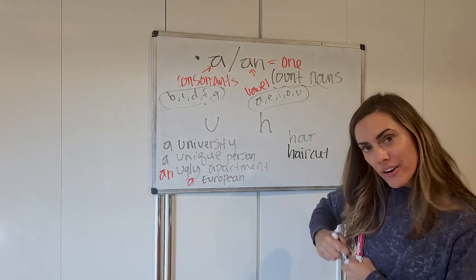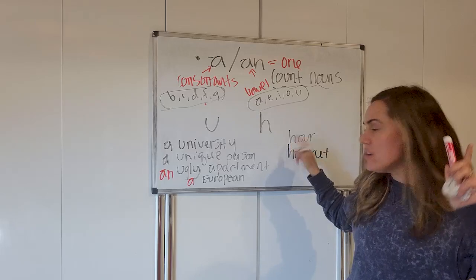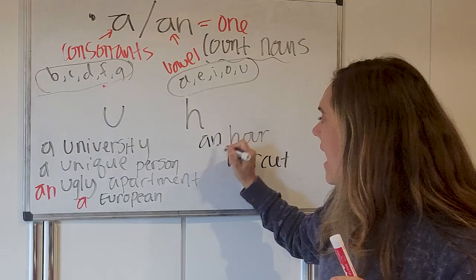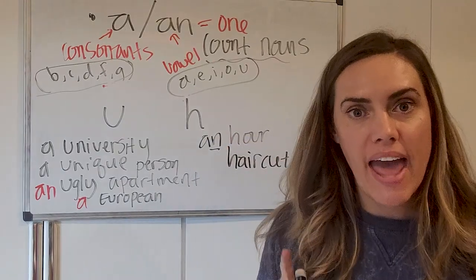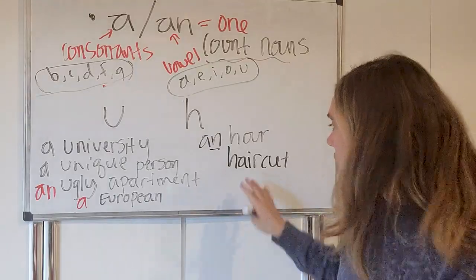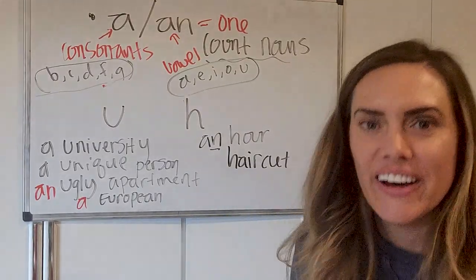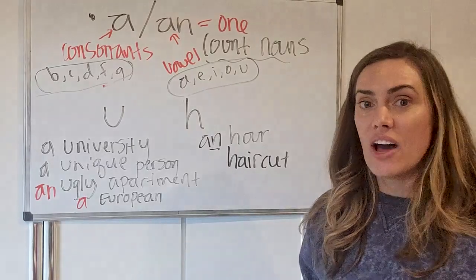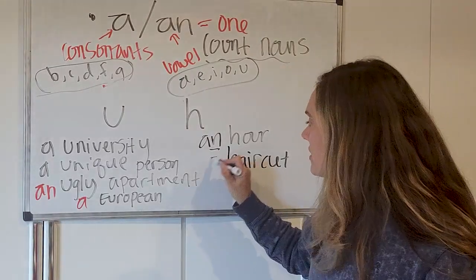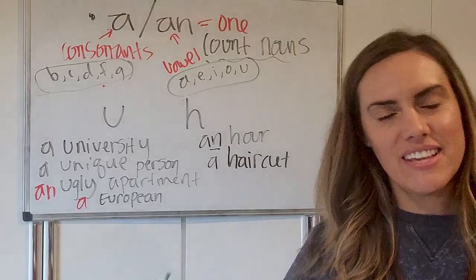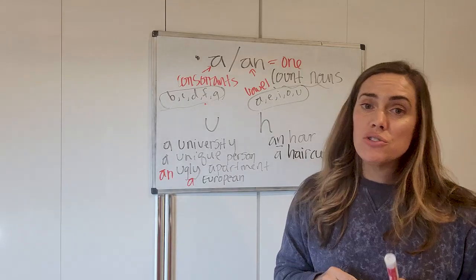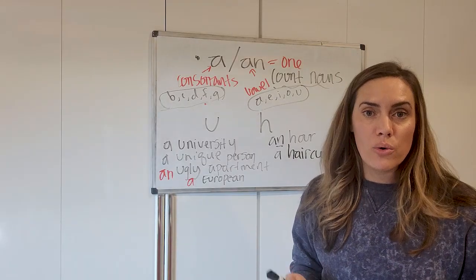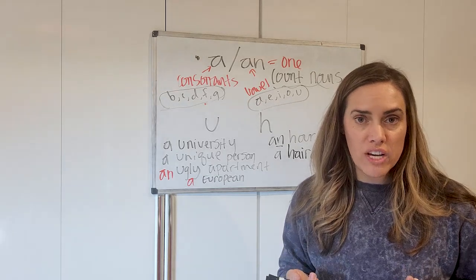So therefore, because it's a vowel sound, we need an hour, an hour, okay? Here, haircut. That's the consonant sound, right? So here it's a haircut. Okay, so just be careful with those little tricky situations.